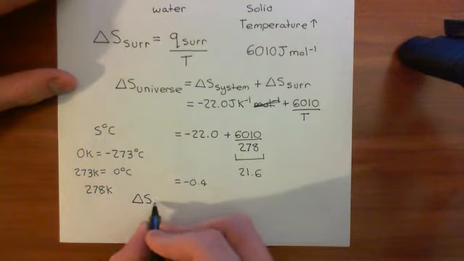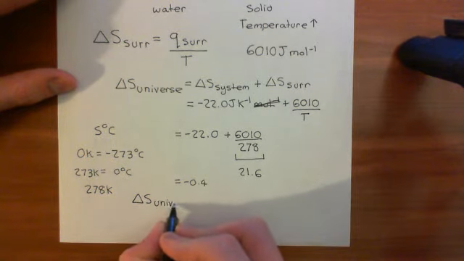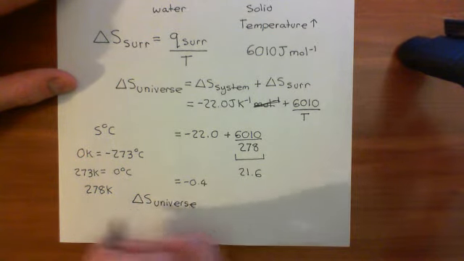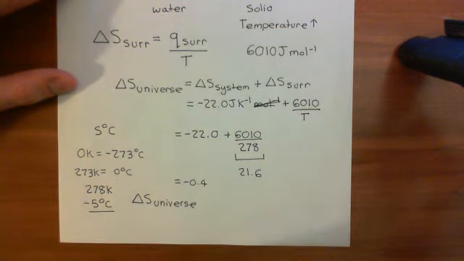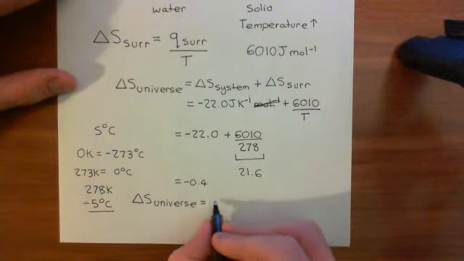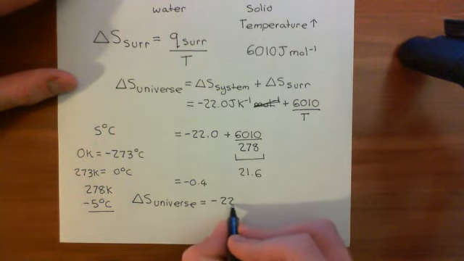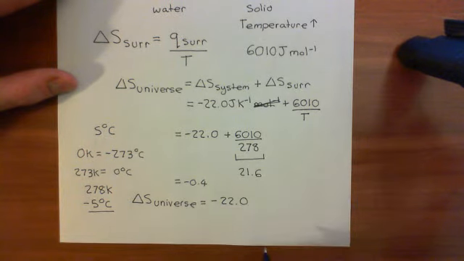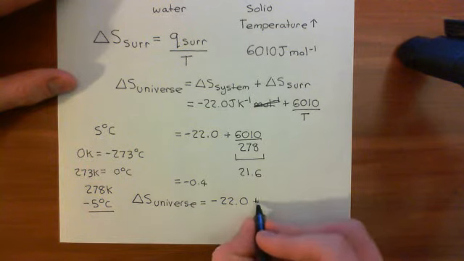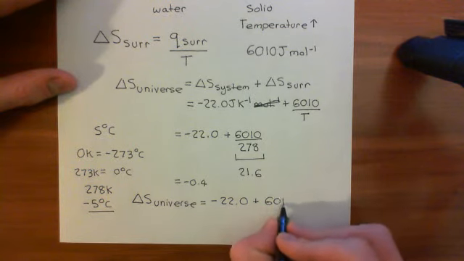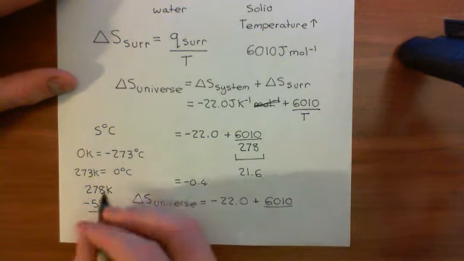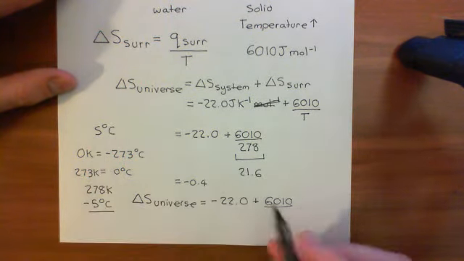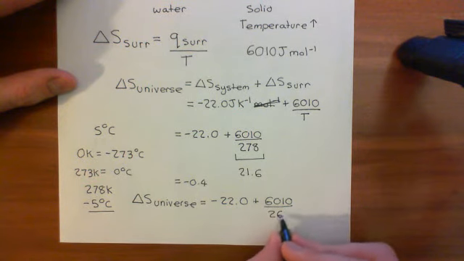Whereas, if I now work it out at a negative temperature, and a good number to use is negative 5 degrees Celsius, then again the change in the entropy of the system will still be negative 22.0. Okay, but the change in the entropy of the surroundings will this time be 610 over negative 5 degrees Celsius. That's 10 degrees Celsius lower than 5 degrees Celsius, so that's 268 Kelvin.